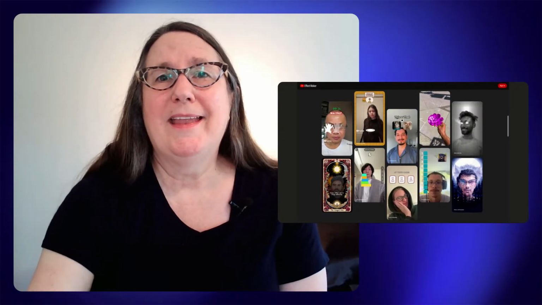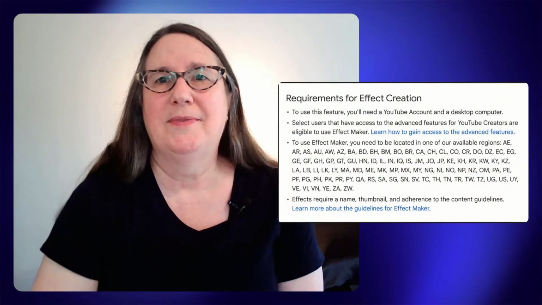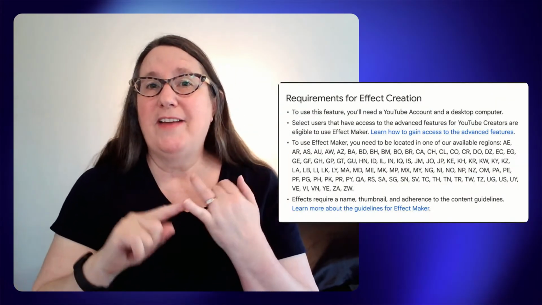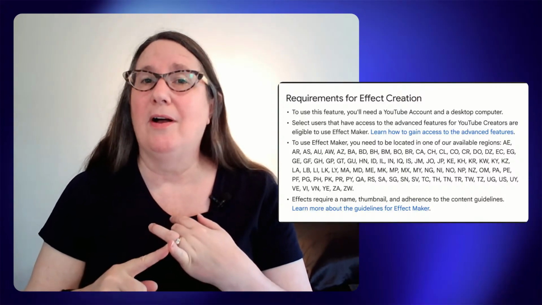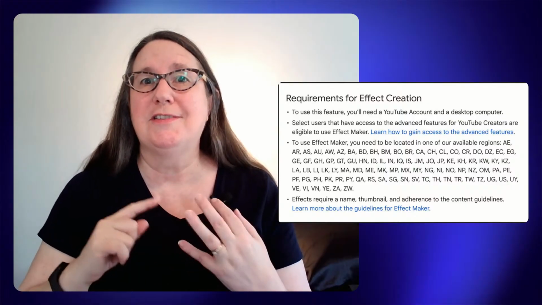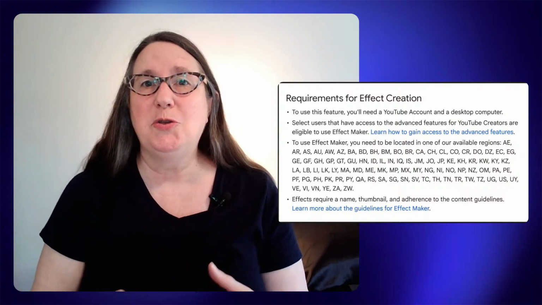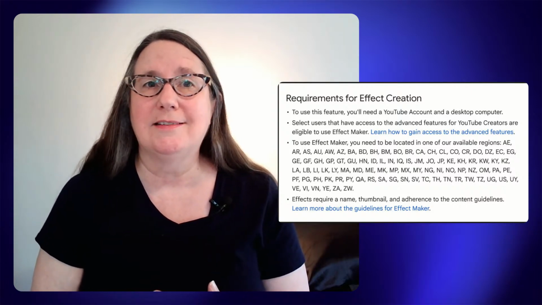So, what's the deal with this? The Effects Maker tool, it's only available on desktop on the web. You need to have advanced features enabled on your YouTube channel. You can check that in your settings in YouTube Studio on desktop.